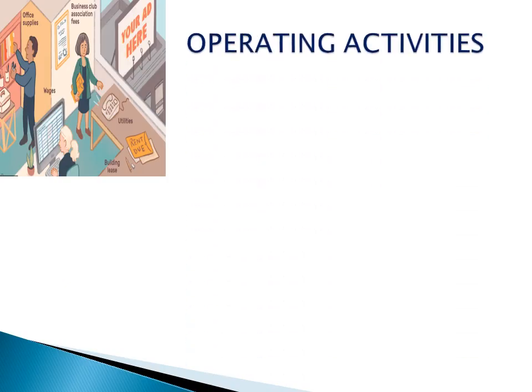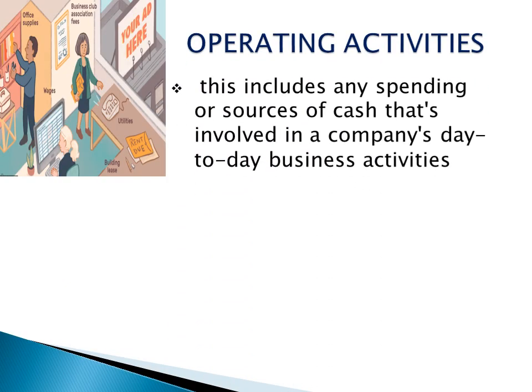So what are the operating activities? As we said, this includes any spending or sources of cash that involve the day-to-day business activity, because these are the operations. So it's the supplies, the wages, the purchases, the ads.